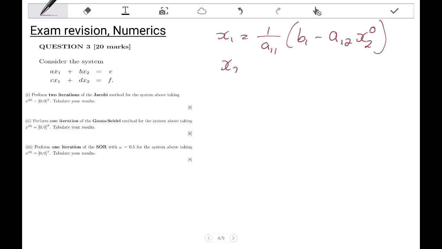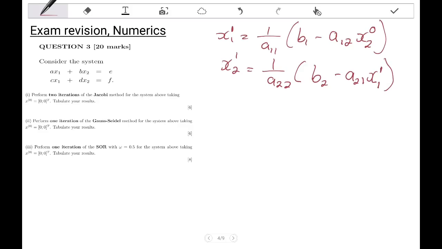So for x2 is equal to 1 over a22 open bracket b2 minus a21 x1 of 1. So x1 of 1 is this one, the recent one here. That's why the Gauss-Seidel is not the same as the Jacobi method.